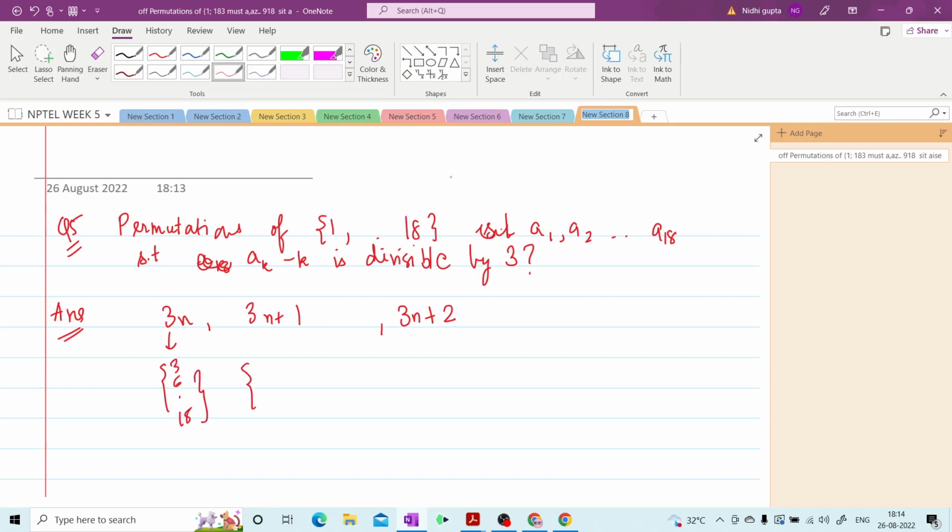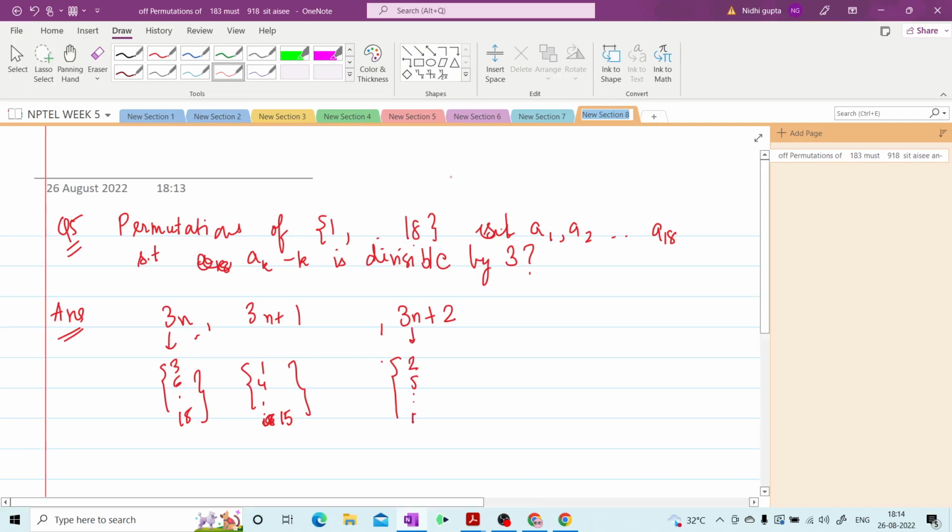Any 2 numbers I select, the possibility of selecting the same number is also there. So 6 into 6 ways we can select, and 3 such groups are there. The 3n plus 1 group is 1, 4 till 16, and 3n plus 2 is basically 2, 5 till 17.